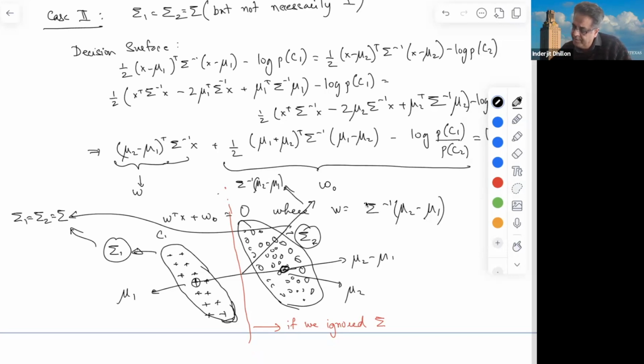And the decision surface, remember, is actually perpendicular to sigma inverse mu2 minus mu1. So this is my decision surface. And of course, remember that this will be shifted to one side or the other, depending upon the class prior.